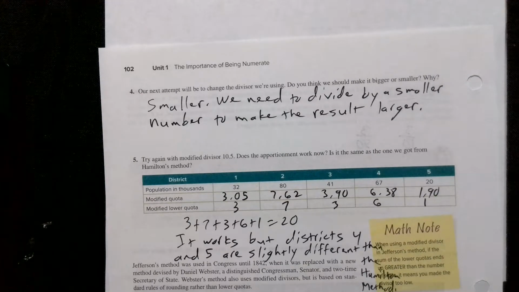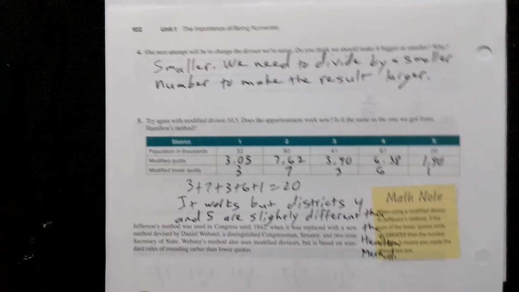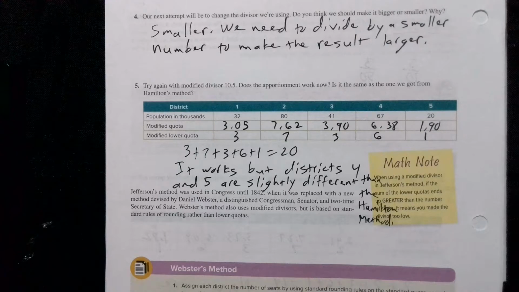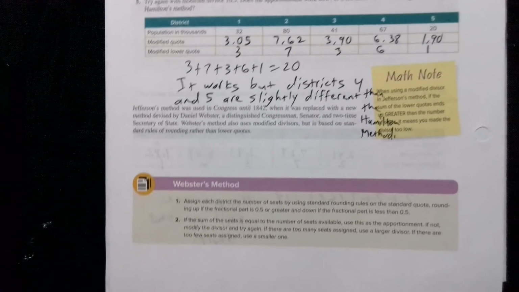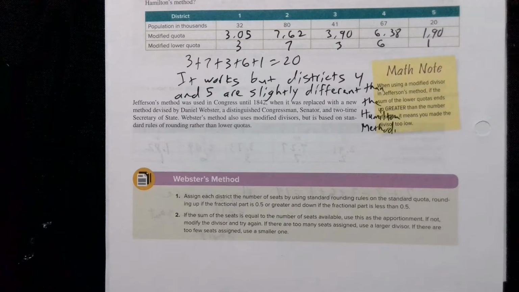Okay, now it says Jefferson's method was used in Congress until 1842, when it was replaced with the new method devised by Daniel Webster, a distinguished congressman, senator, and two-time Secretary of State. Webster's method also uses modified divisor, but is based on standard rules of rounding rather than lower quotas. So let's take a look at Webster's method.